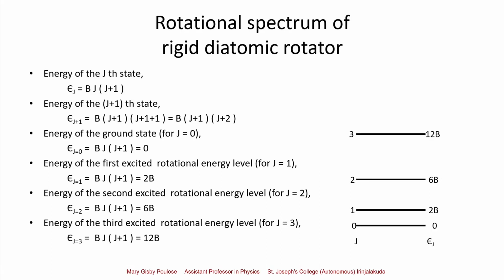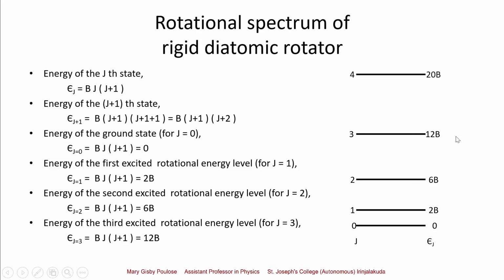Then for the energy of the third excited rotational energy level, that is for J equals 3, eta J equals 3 is equal to 12B. And that is obtained in this energy level for J equals 3, eta J is equal to 12B.